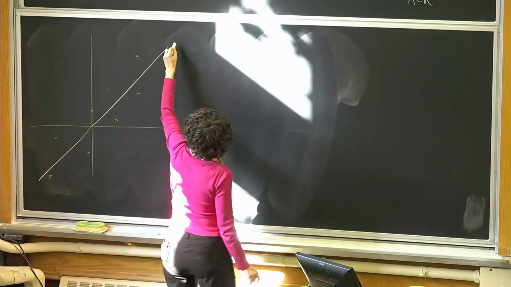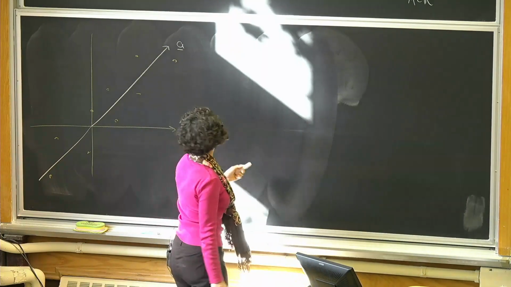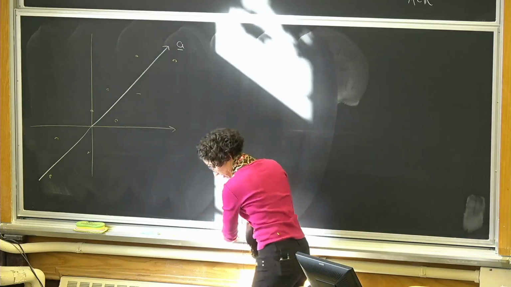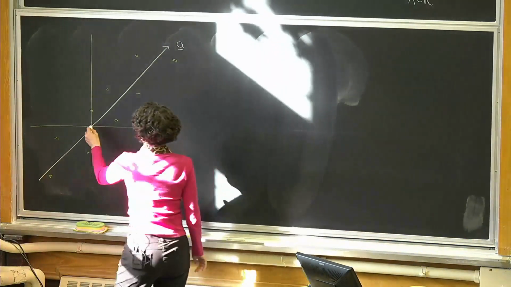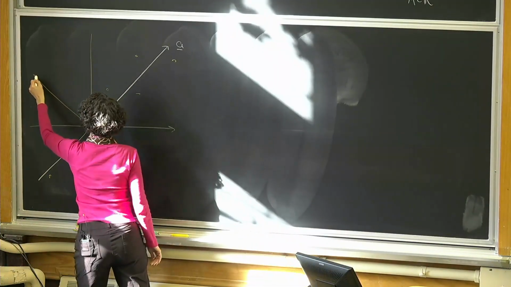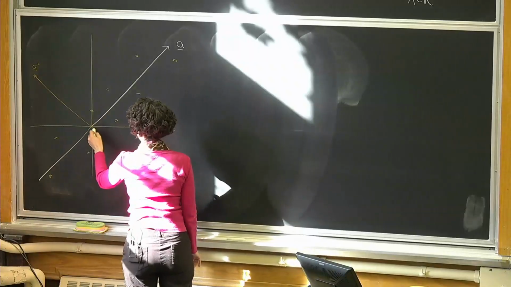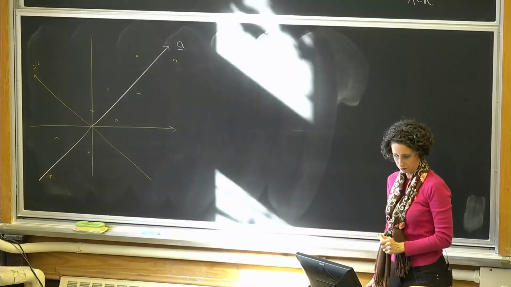And I am going to write that vector that spans that subspace as A. And that is going to have an orthogonal complement, which I can draw like this. So I'm going to write that as A perp. So that's the orthogonal complement to that subspace.